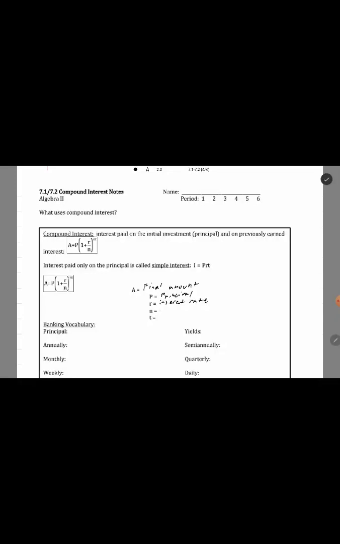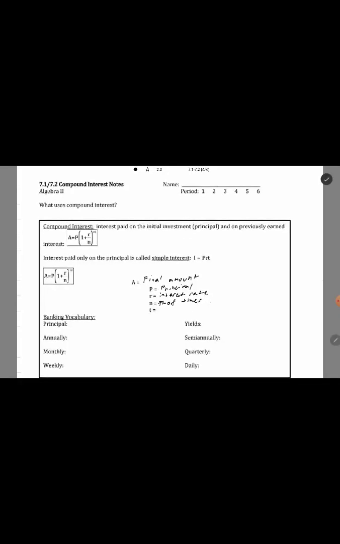N is the number of times per year that they compound the interest. Basically, how many times do they apply the interest rate per year? And then time is years.